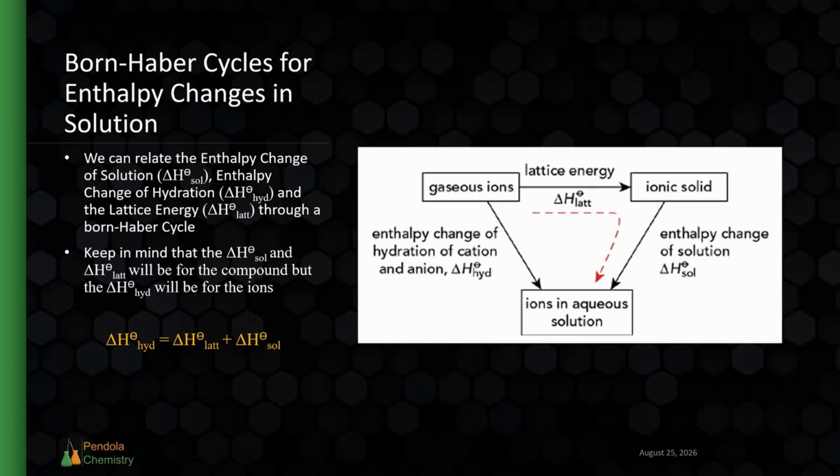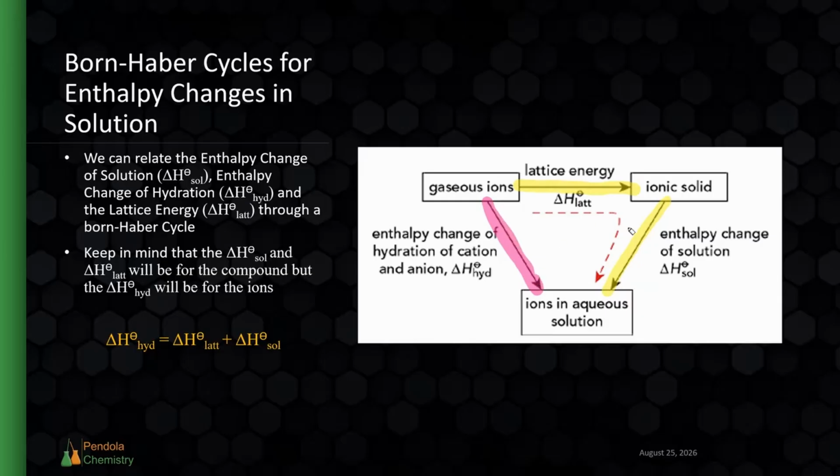If we then look at the arrows, we have two arrows that match in direction and one that disagrees. The arrow for lattice energy and the arrow for enthalpy change of solution agree in the direction that they're facing, whereas the enthalpy change of hydration arrow is going to disagree. It's going to go the opposite way.